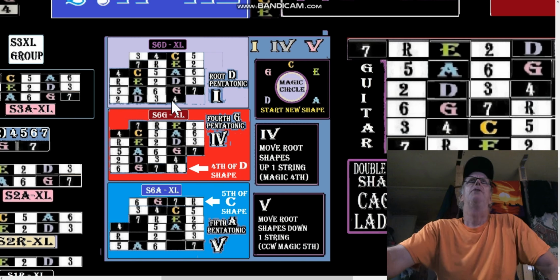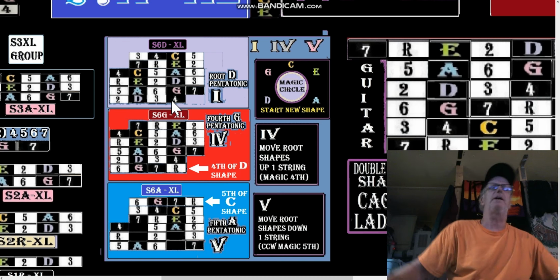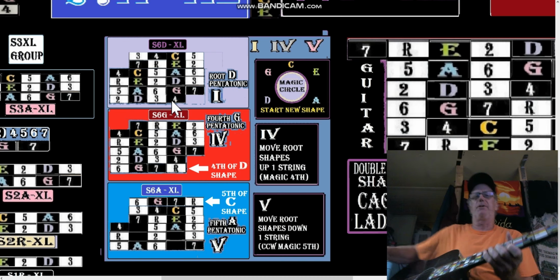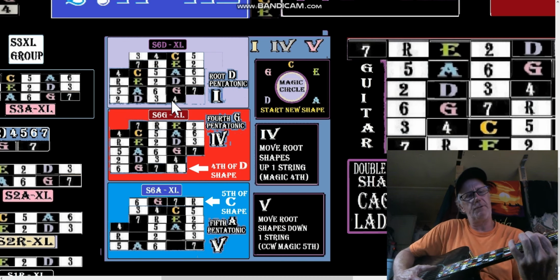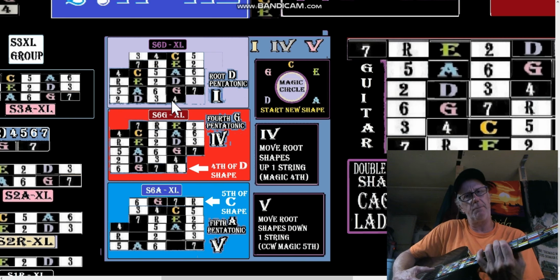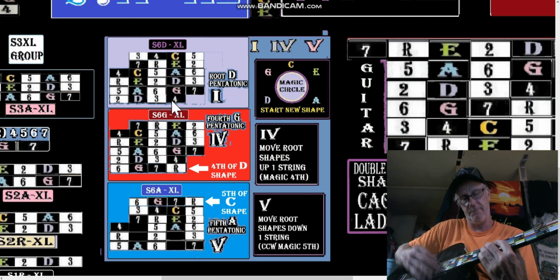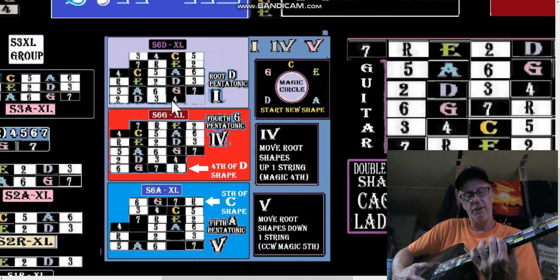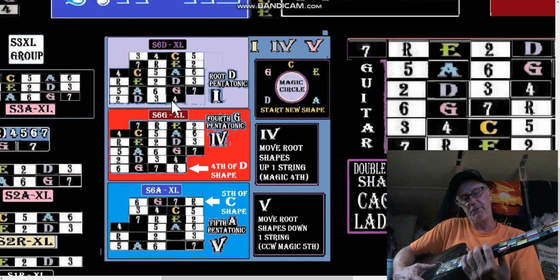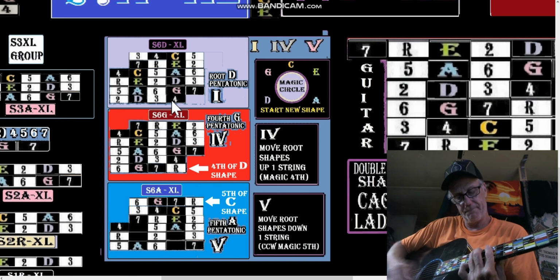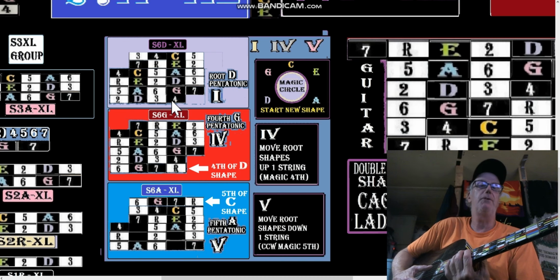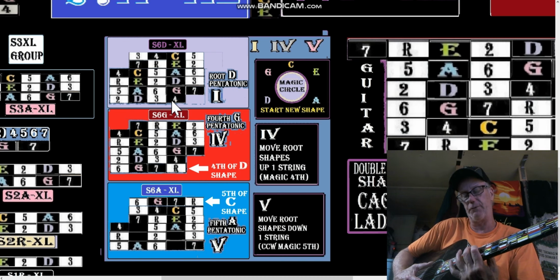Remember the string shapes are C, A, G, E, D. They all have their own string shapes. Starting from the C string shape would be 3, 4, 5. The bottom string of that A cage, 5, 6. The bottom string of the G cage is 6, 7 root. That's your G cage right there. The bottom string of your E cage is 7 root 2.